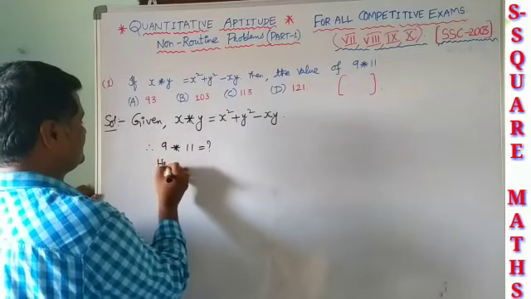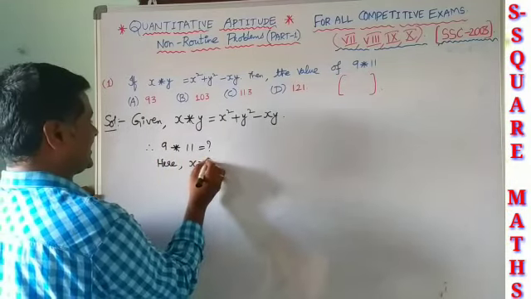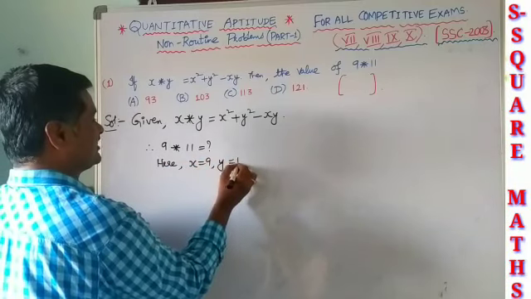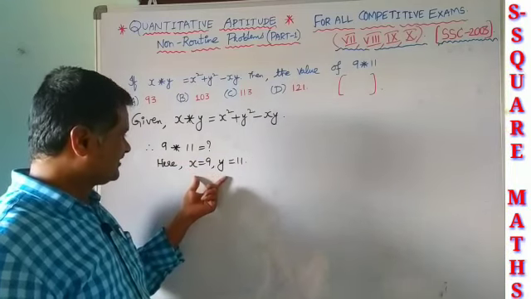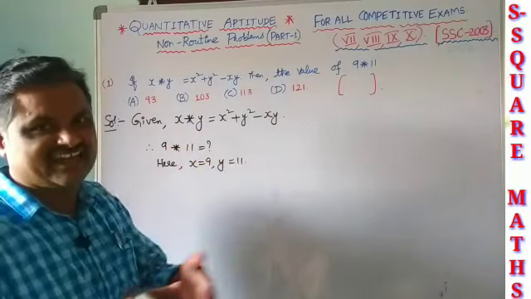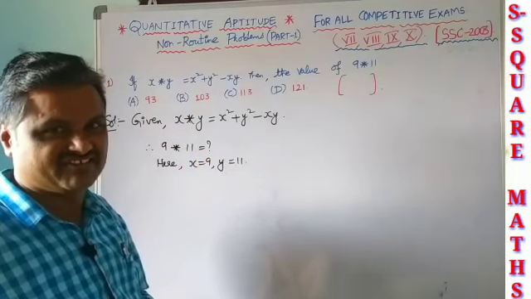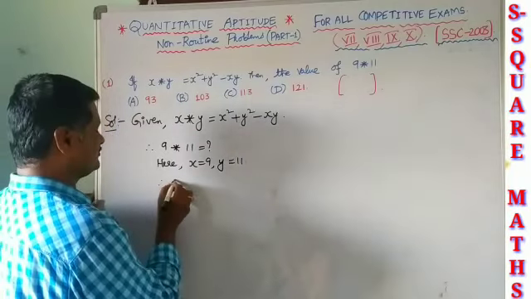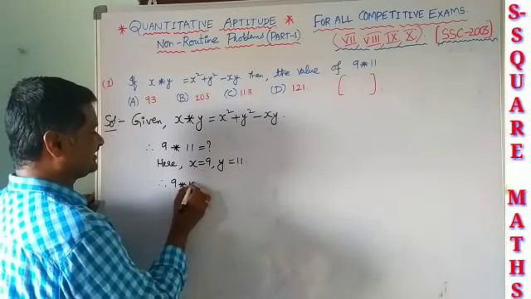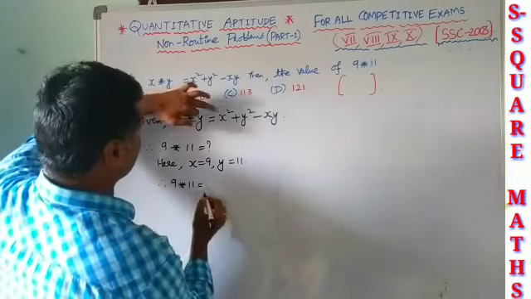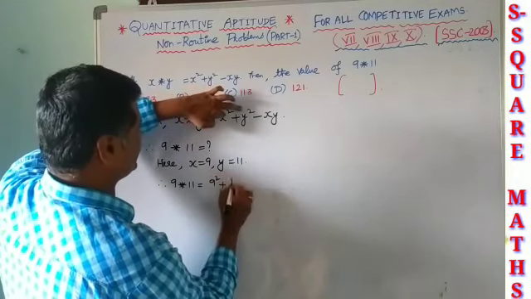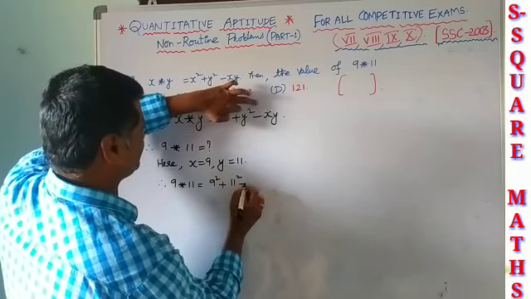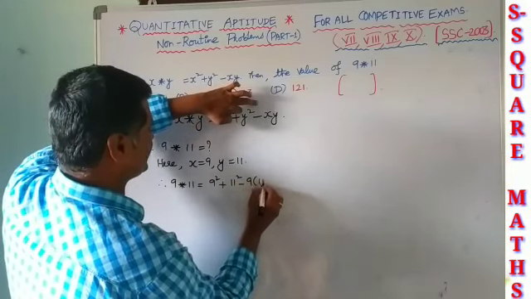So here x is equal to 9 and y is equal to 11. Substituting x is equal to 9 and y is equal to 11 in our defined binary operation x star y, 9 star 11 is equal to x square, nothing but 9 square, plus y square, 11 square, minus xy, minus 9 into 11.